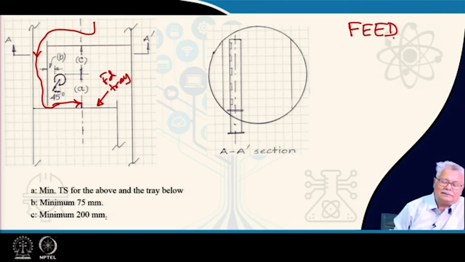Why? It basically avoids splashing and generation of fine liquid droplets which may get carried over with the gas. The liquid here will definitely join this liquid, and any vapor which is coming in will also go up. So, this acts as a splash.